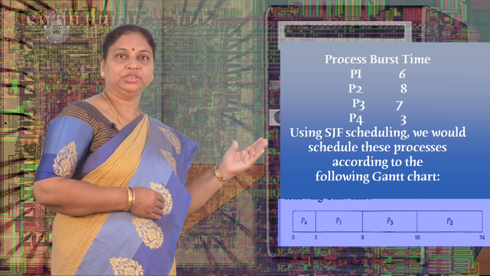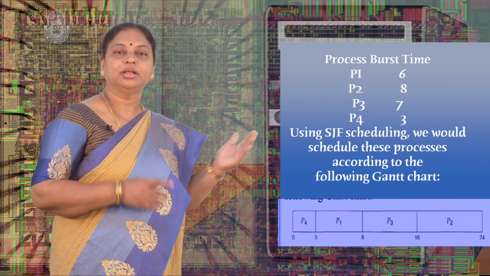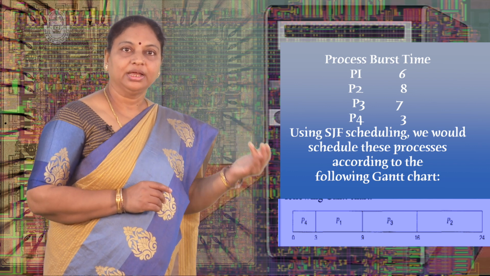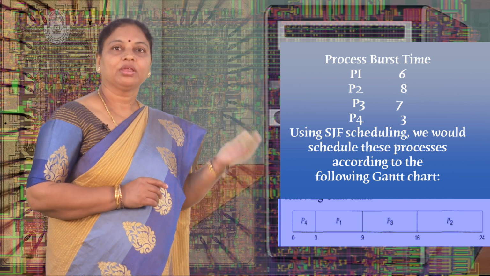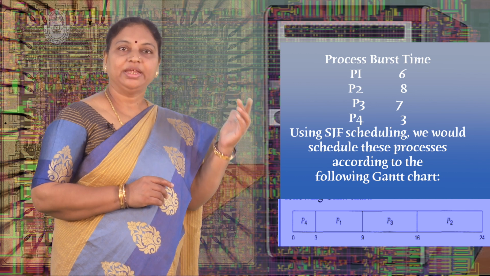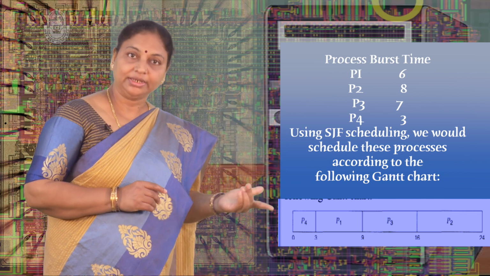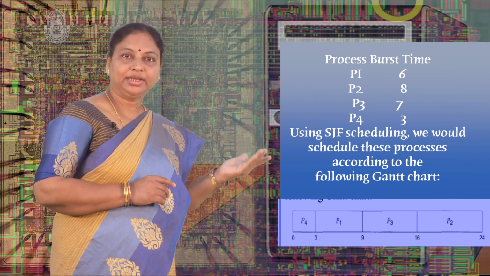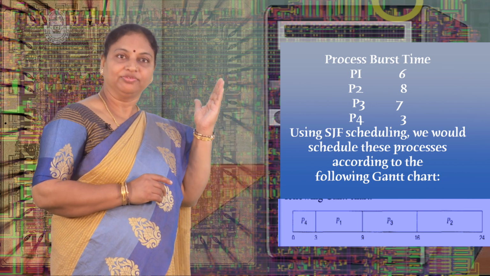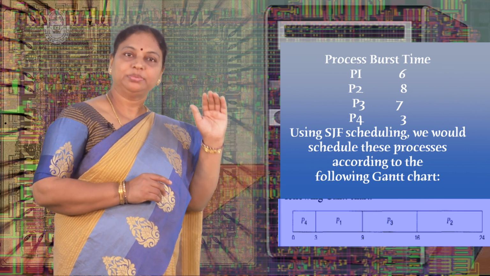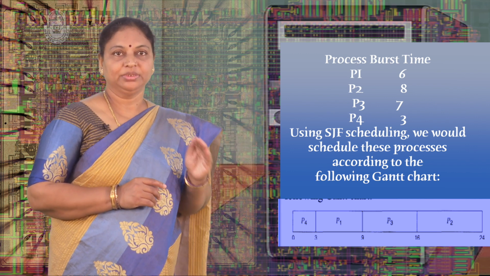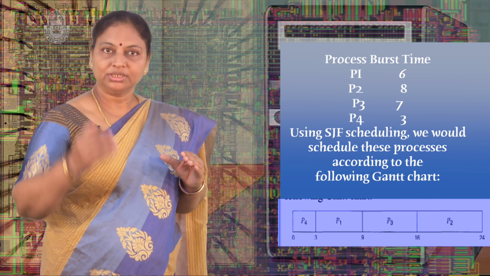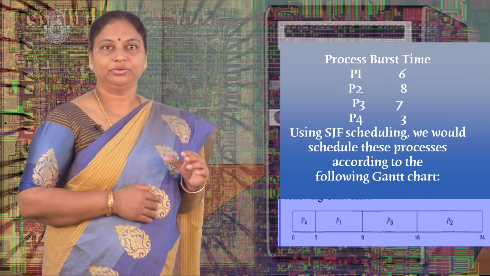Now in this algorithm, when we are calculating the average waiting time of serving these 4 processes using shortest job first CPU scheduling algorithm, we get the waiting time for P1 as 3, for P2 the waiting time is 18, then for P3 the waiting time is 9, whereas for P4, since it has been served first, the waiting time is 0, meaning it is not spending time waiting for the CPU to be allocated to it.